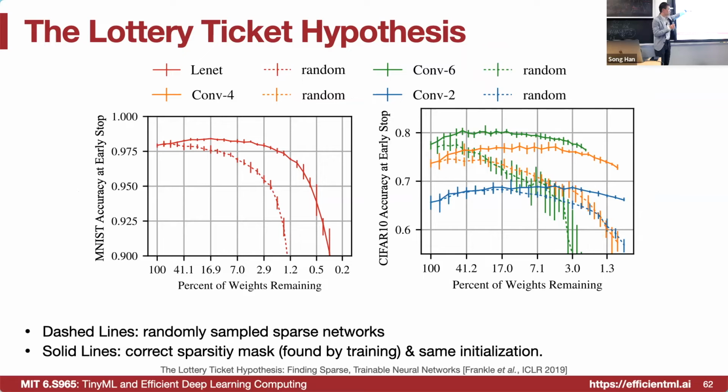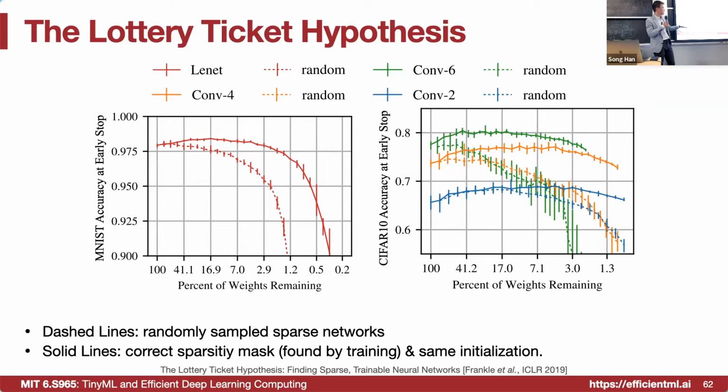The dashed line is randomly sampled sparse neural networks. You have a dense network, and you randomly sample a subset of it. The more you prune, the lower the accuracy. But there's a solid line that maintains the accuracy even with a very aggressive pruning ratio.